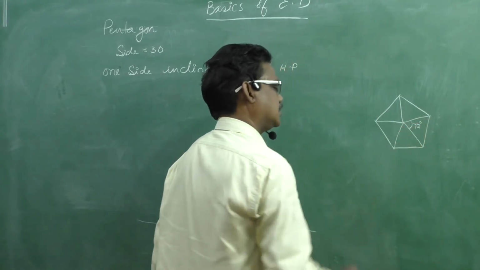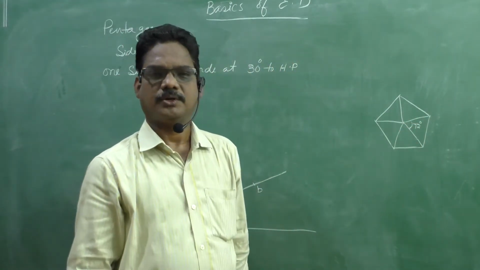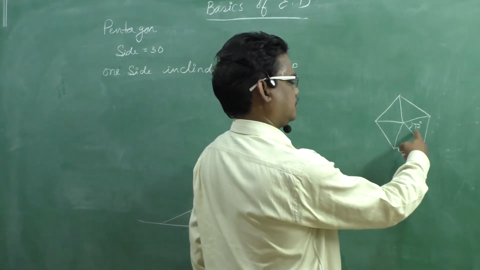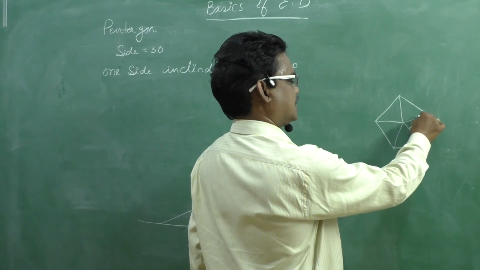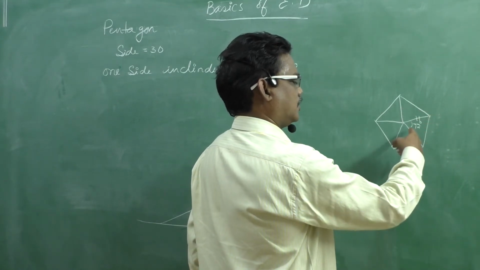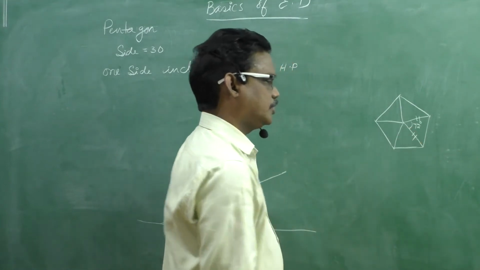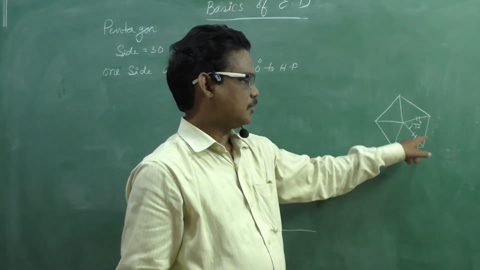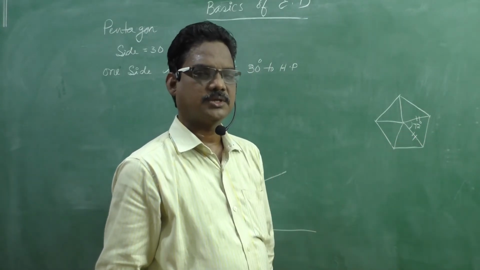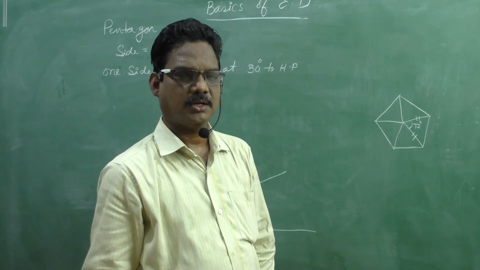Okay, 360 divided by 5, 72 degrees. Now if this is 72 degrees and this is an isosceles triangle, therefore in a triangle the total sum of angles is equal to 180. 180 minus 72 degrees, that is 108 degrees.